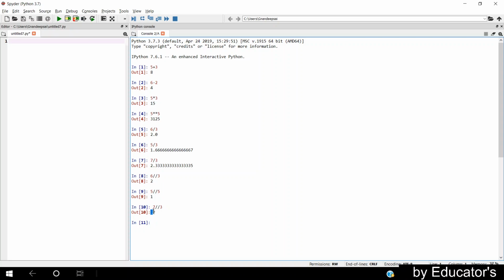So these types are called ints or integers, and these things are called floats.